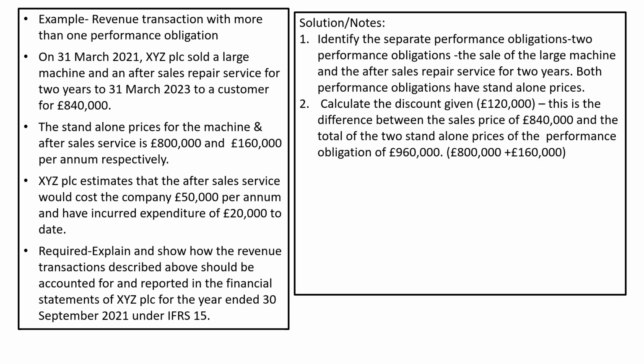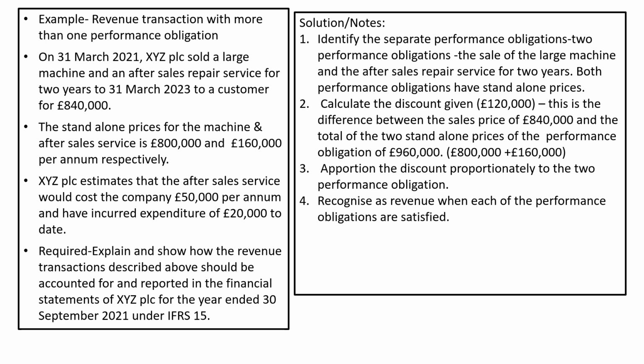Calculate the discount given, and this is the difference between the sale price of £840,000 and the total of the two standalone prices of the performance obligations of £960,000, which is the £800,000 plus the £160,000. Apportion the discount proportionately to the two performance obligations.